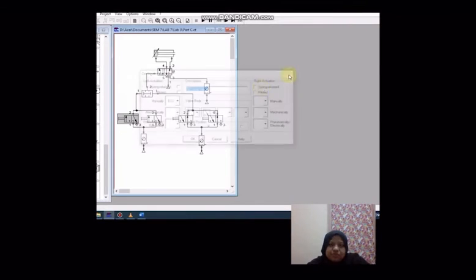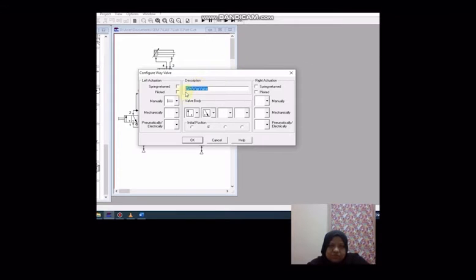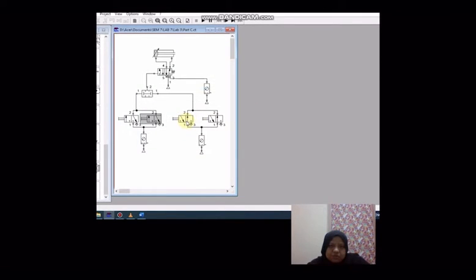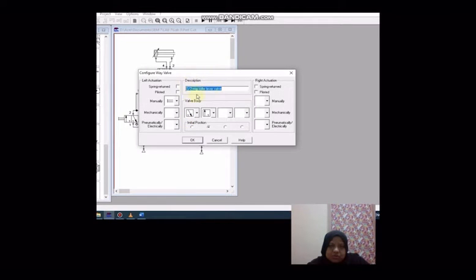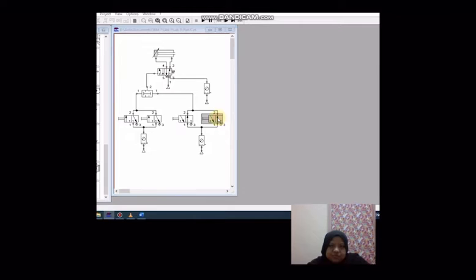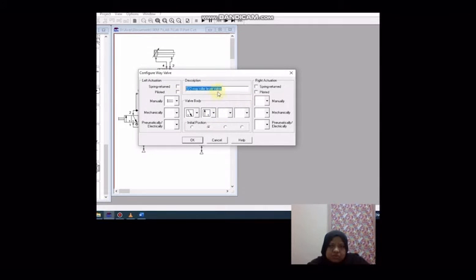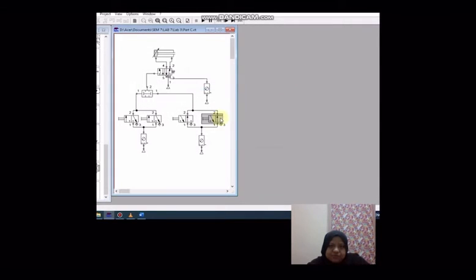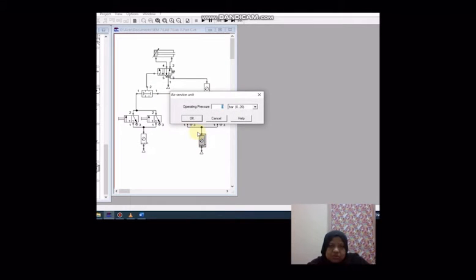This one is a three-way valve, and the same goes for this one, also a three-way valve. This one is quite different, which is a three-way roller lever valve. This one is also a three-way roller lever valve.